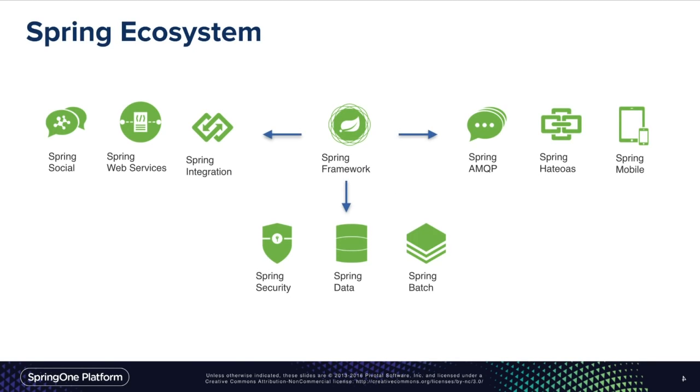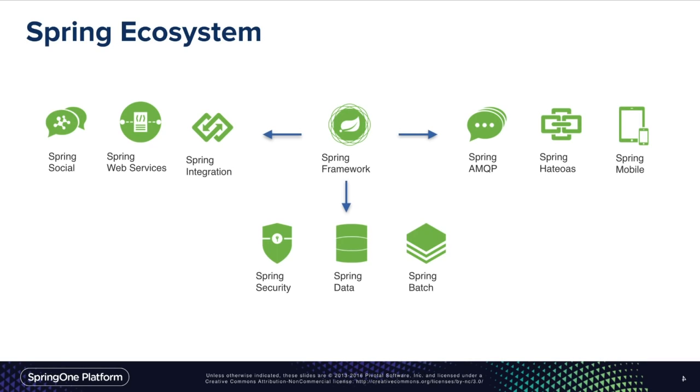So, as we saw in the keynote, this is the Spring ecosystem. Everything is under the Spring Framework core, and there are several projects around it: Spring Web Services, Spring Integration, Security, Data, Spring Batch, Social. And I remember when I started using Spring, I was using version 2.5, and it was really interesting.